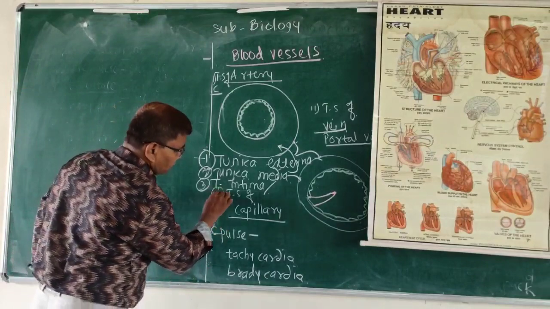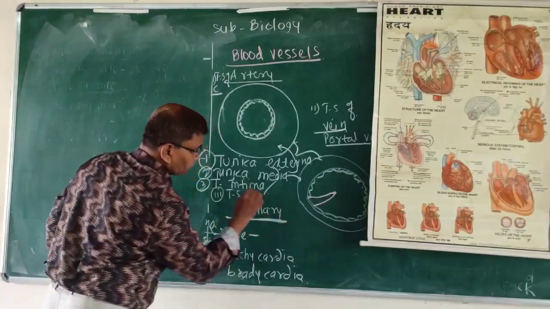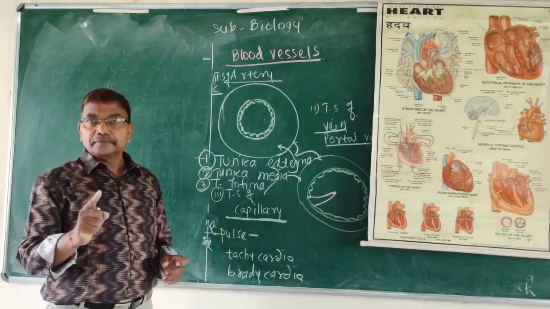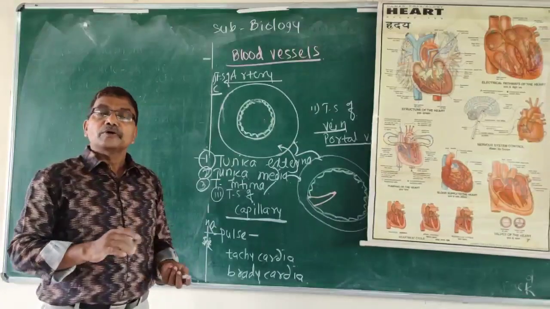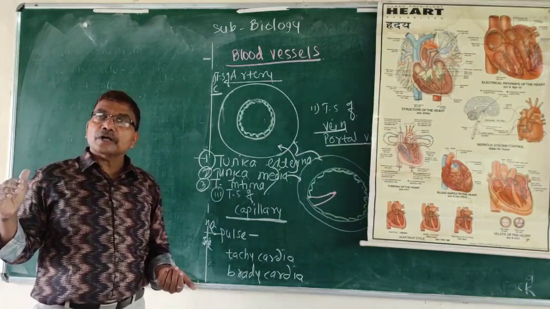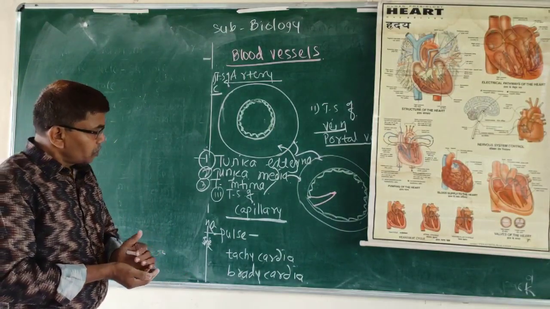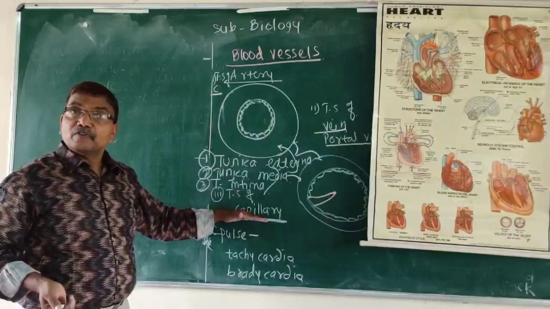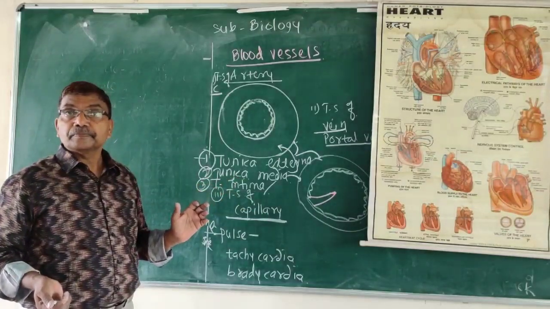Then about capillaries. Capillaries are one cell thick. They are close to the different organs and systems. Through these capillaries, blood flows under pressure.